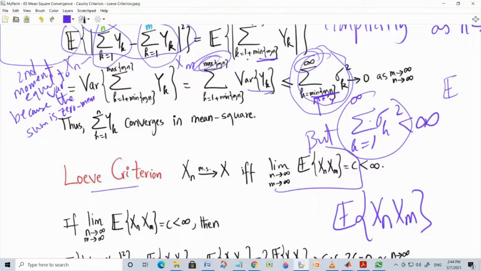You take the limit as n and m go to infinity, and you need the limit to be not zero necessarily, but some finite number. So another way of assessing convergence, which can be more convenient in some contexts, is to study the expectation of the product and then take the limit, and the limit should be a finite number. Again, a friend of yours if you cannot make a guess regarding what is big X.